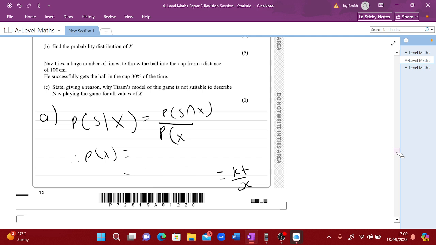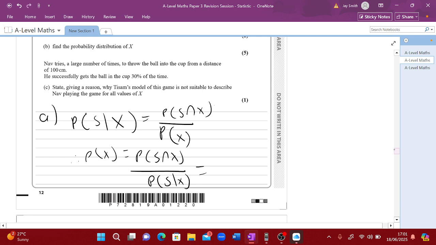The rest of the maths is the same idea, but the probability of x is p of s over p of s given x, not times. I don't know why I thought that. Okay, then we can simplify, and s given x is going to be again some number t over k over x.